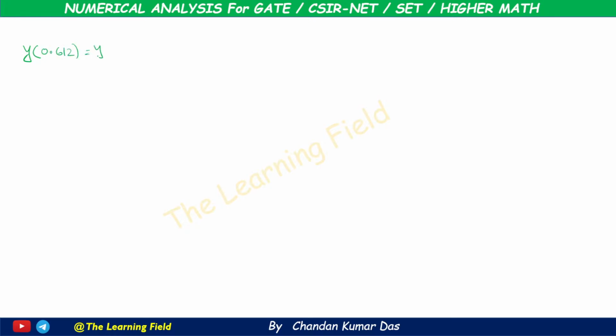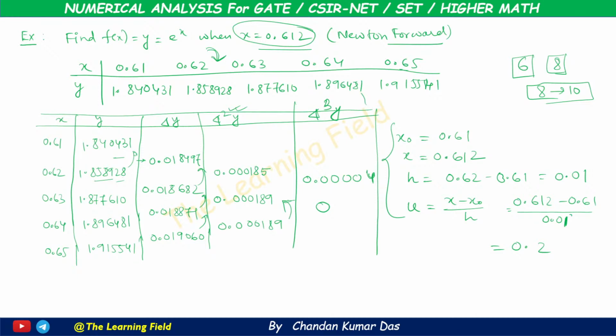This is equal to y0 plus u into delta y0 plus u into u minus 1 by 2 factorial delta square y0, plus u into u minus 1 into u minus 2 by 3 factorial delta cube y0. The remaining terms are 0 because higher order deltas are not present in the given table.